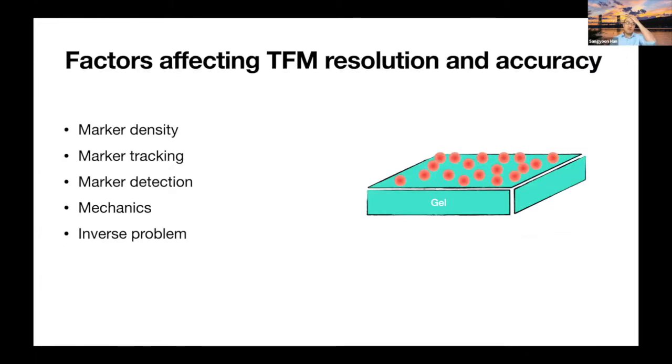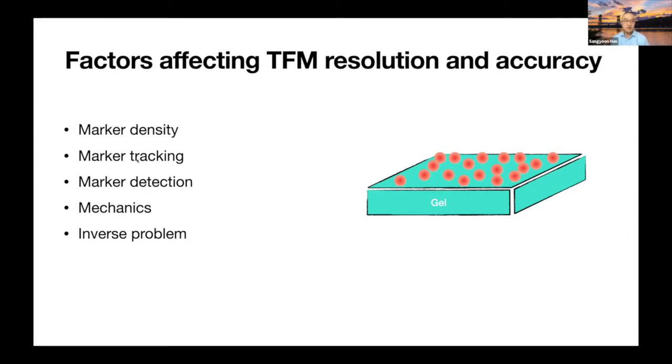The first factor we thought about is the marker density. If we have denser markers, then definitely we can have more reports of the traction displacement field, so that we can have better resolution.